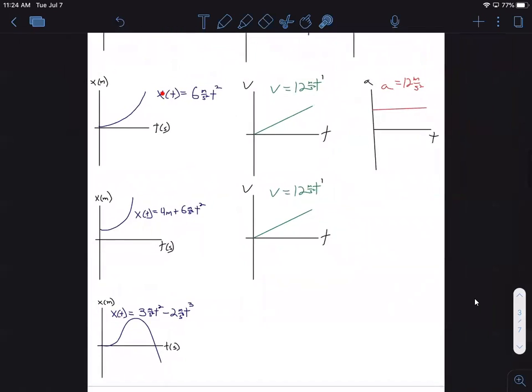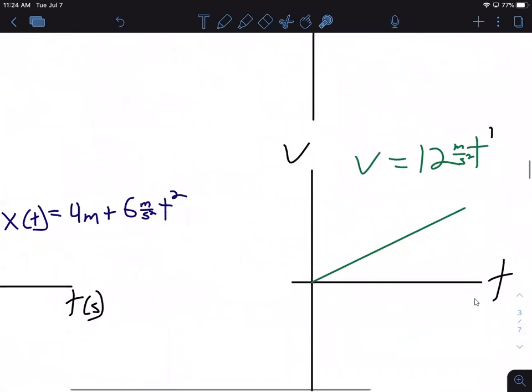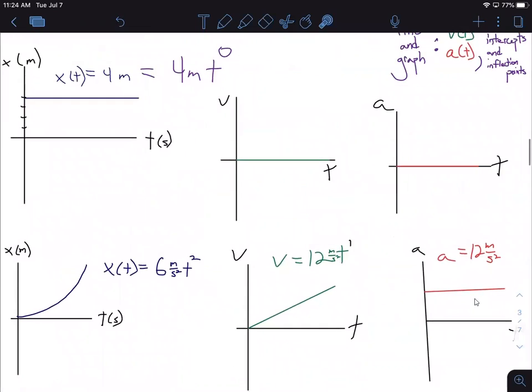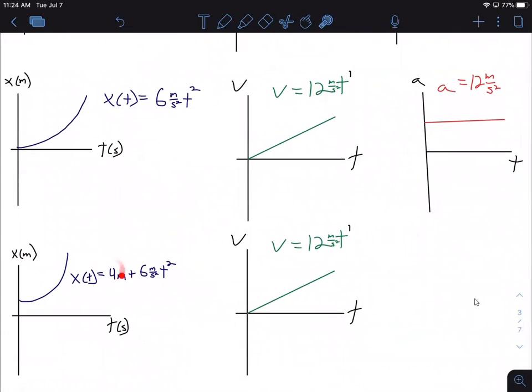All that matters is the slope, and the slope of these graphs, I know I drew them a little bit differently here, is the same. And I can see that because if I take the derivative of this 4 meters, well, we did that before, it was 0.